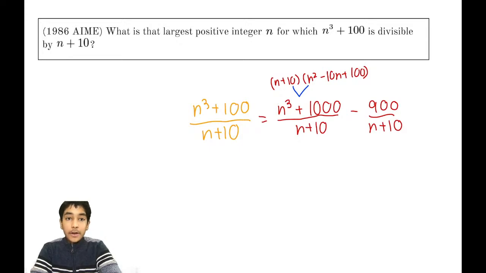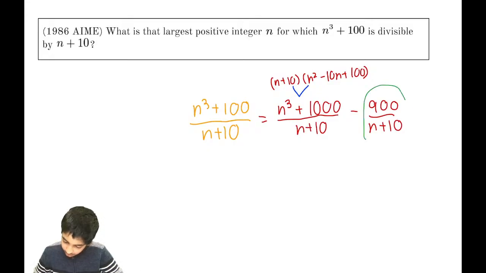So now, what can we do from here? When will this be an integer? We already know n cubed plus 1000 divided by n plus 10 is an integer because we can express n cubed plus 1000 in terms of n plus 10 by the sum of cubes formula. So now, when will 900 over n plus 10 be an integer?